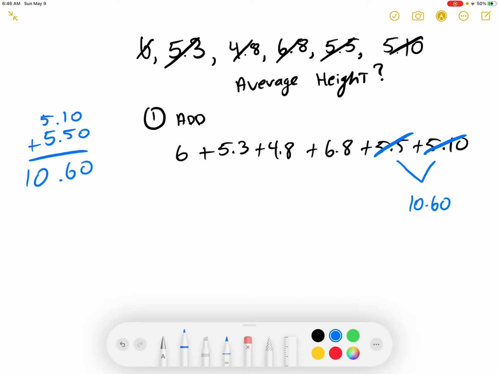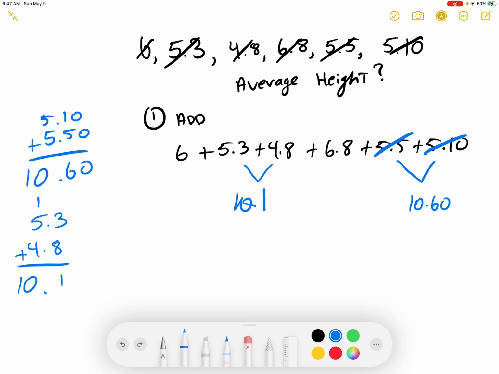That's done with that. Let's do next the 5.3 and the 4.8. 8 and 3 is 11, right? 1 plus 5 is 6. 6 plus 4 is 10.